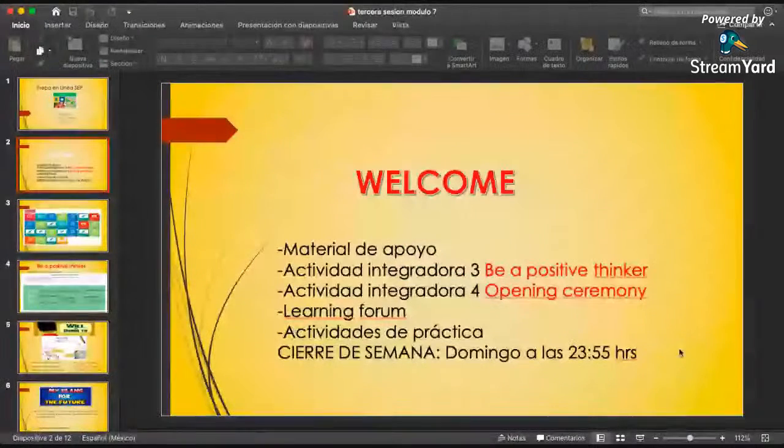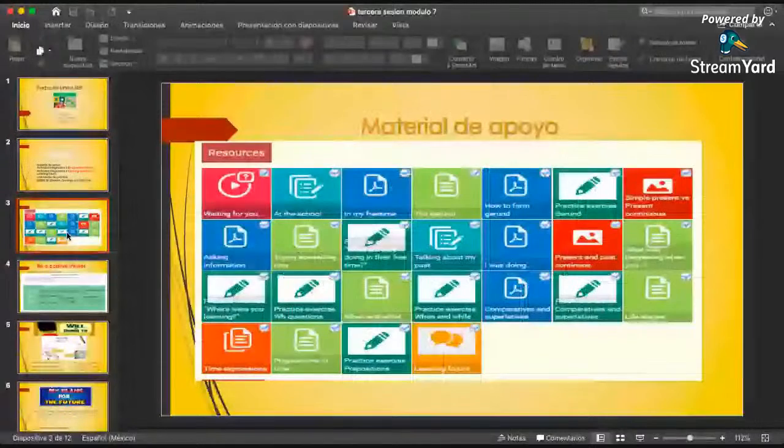First, remember that it is very important to check the extra material on the platform, to check the vocabulary, and to do the extra activities in order to practice and check the extra information, the structures for the sentences you have to use this week.